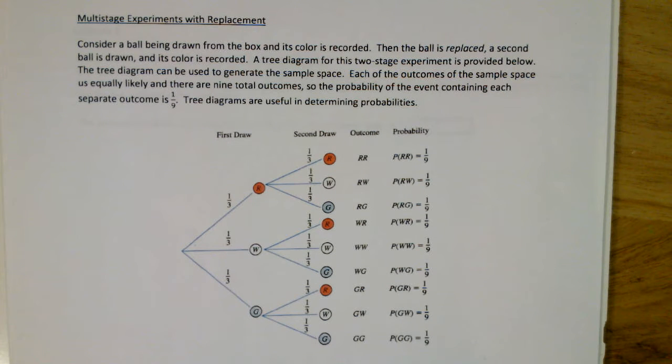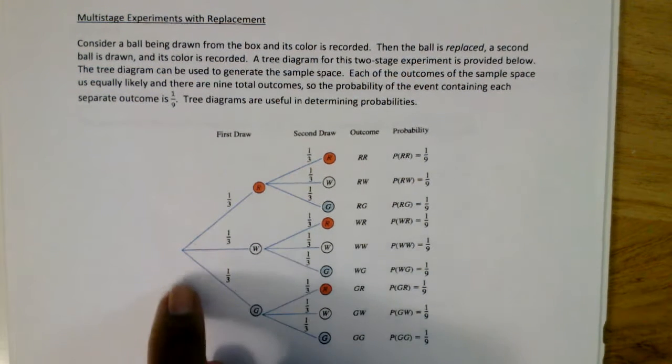The tree diagram can be used to generate the sample space. Each of the outcomes of the sample space are equally likely, and there are 9 total outcomes. So the probability of the event containing each separate outcome is 1/9. And as you can see, here's the tree diagram.